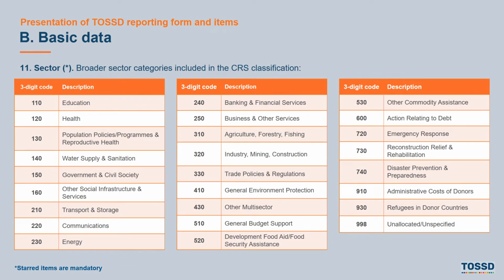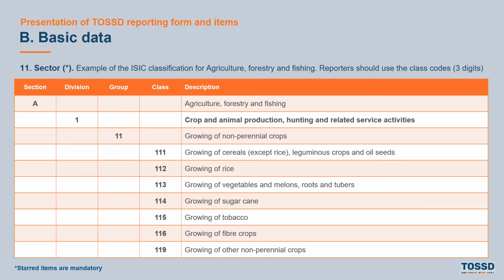This slide gives an overview of the broader sector categories that are included in the CRS classification. Beyond education, there are also sector categories on communication, agriculture, forestry, fishing, or disaster prevention and preparedness. As an alternative to the CRS classification, you can also use the ISIC classification.